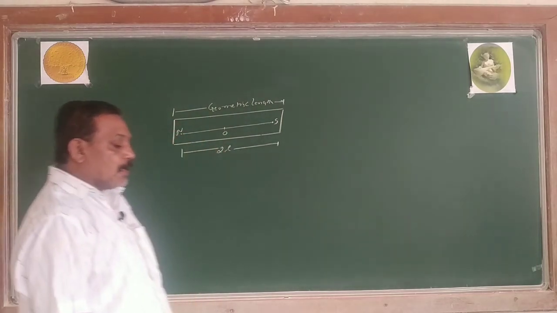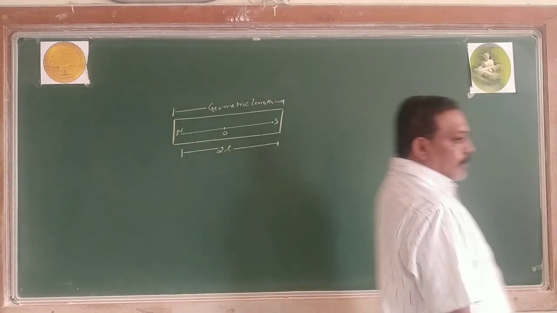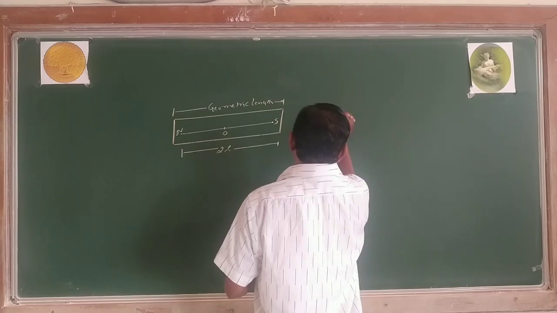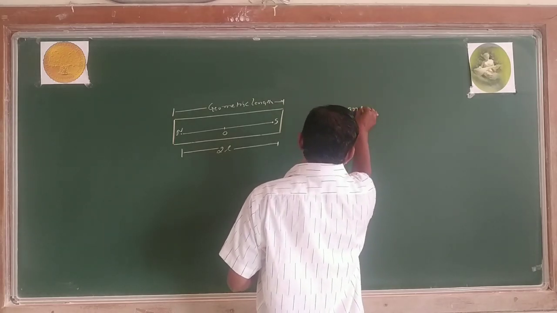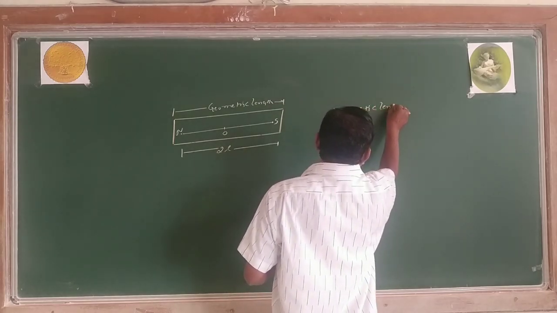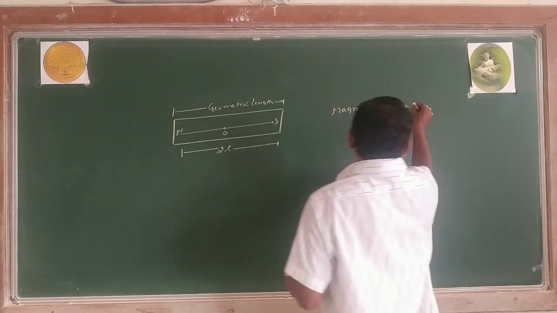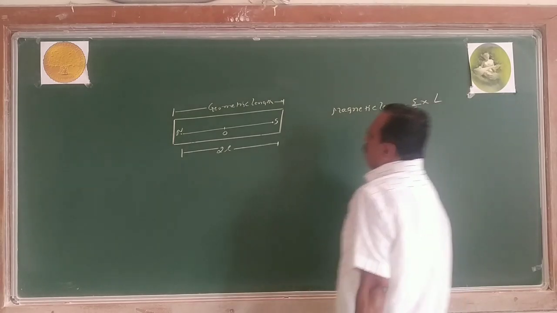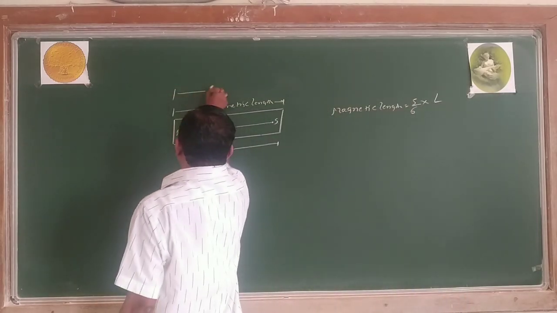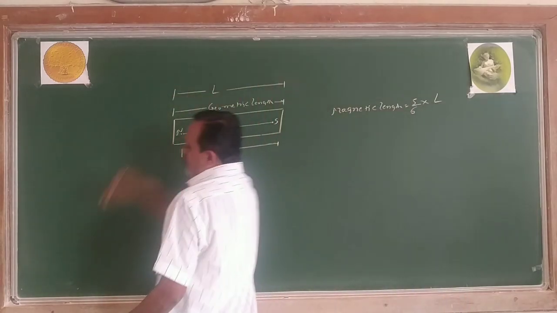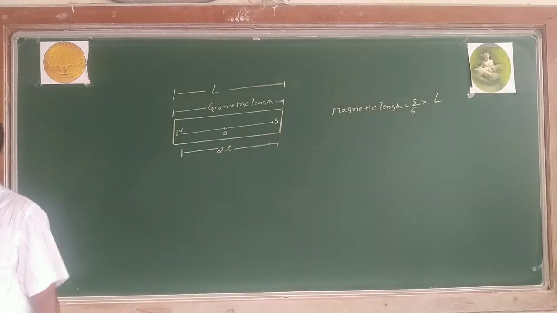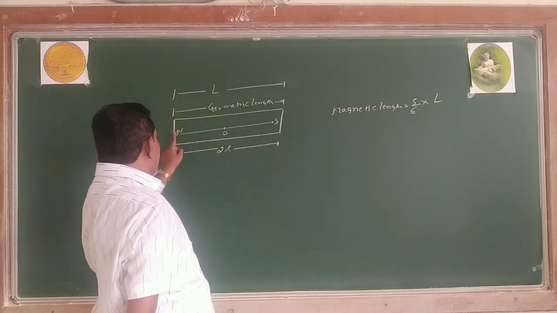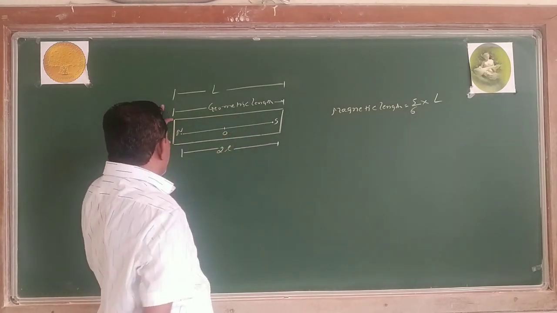What is the magnetic length? The magnetic length is equal to 5 by 6 times the geometric length, where the geometric length is capital L. The magnetic length is the distance between the two poles, which lie inside the magnet, not exactly at the edge.